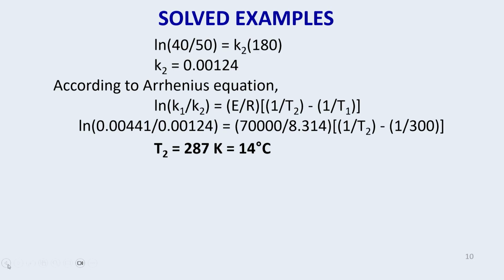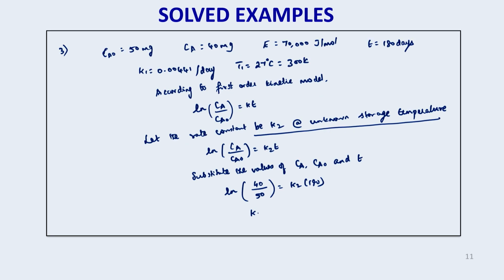So you'll get the K2 value as 0.00124. This is the rate constant value at the unknown storage temperature. K2 is equal to 0.00124.